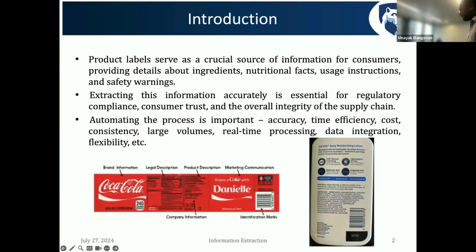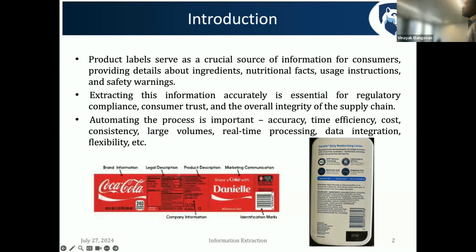Generally, you have a product label, and extracting those is going to be very important, because you want to see more details about the ingredients, nutritional facts, and usage instructions. If you have any dietary constraints, you want to see all the information from these labels, right?